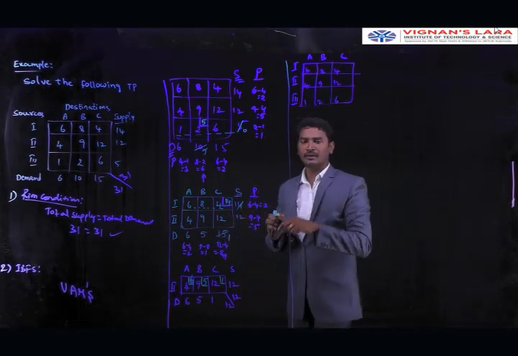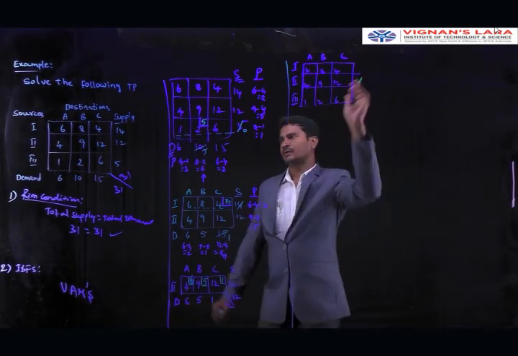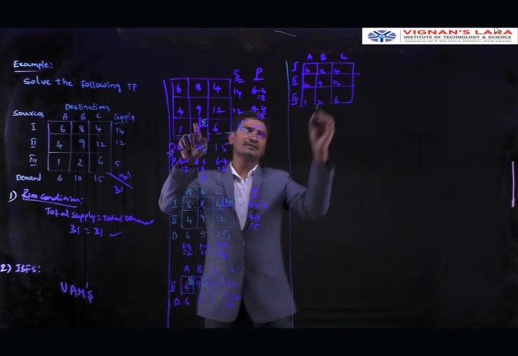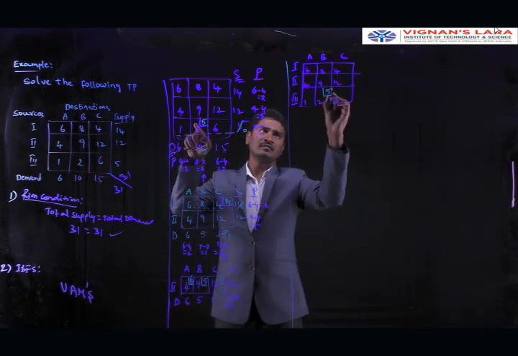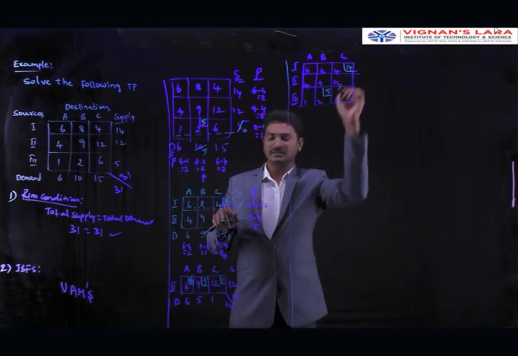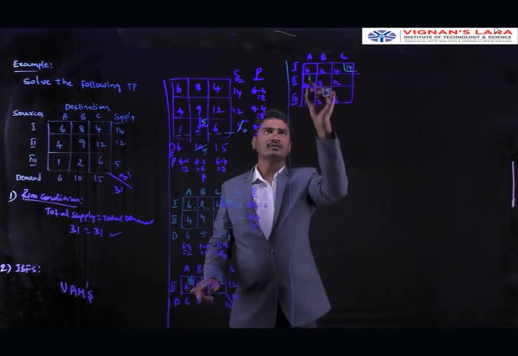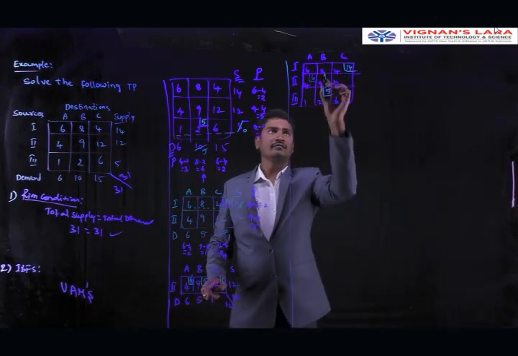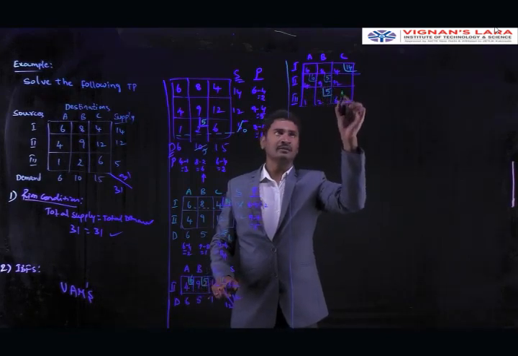In this table I am going to mark the allocations. Coming to the first row, where we have the allocation, here we have 5 units. Next here we have 14. Next allocations are at 4, 6 units, 9, 5 units, then 1 unit.